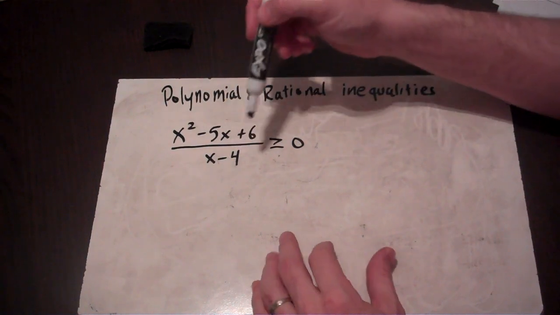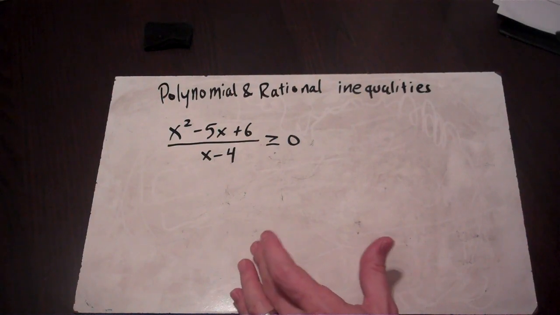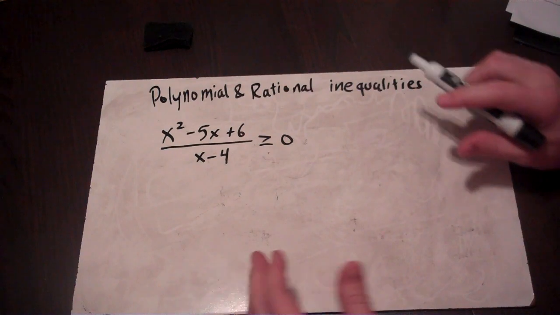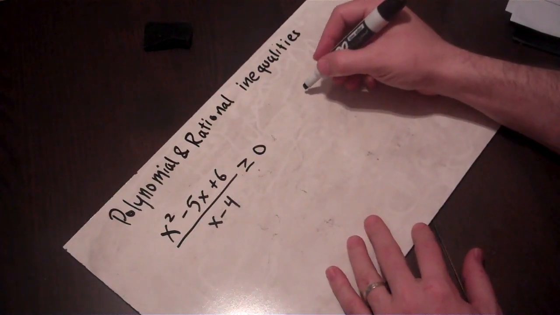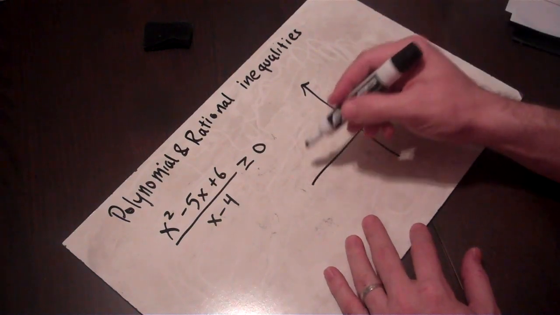it and plug in different x values and see when it actually works. But the easiest way is to think about what a function looks like in general. So this is a function, and what a function looks like is we can have something like this.